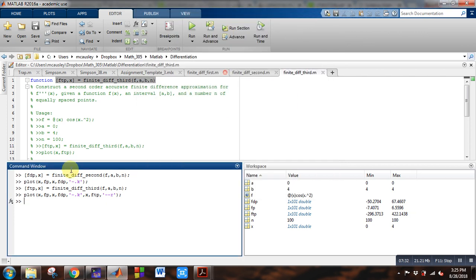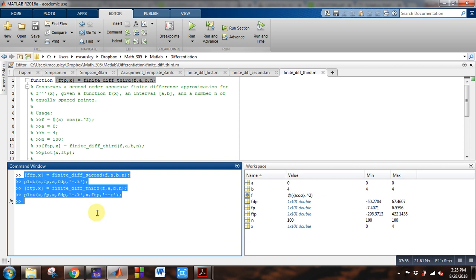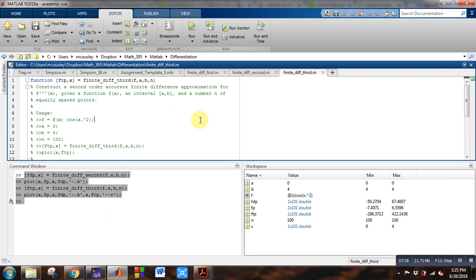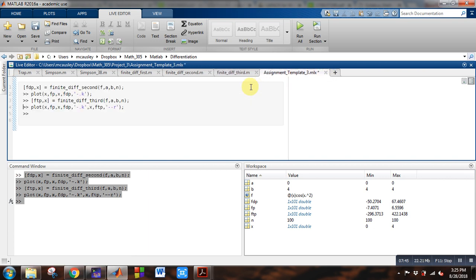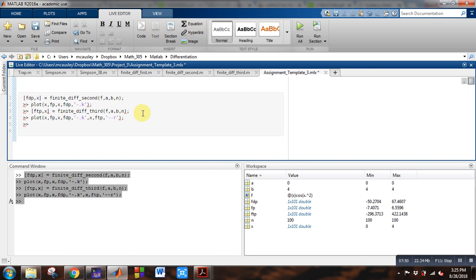And then the last thing I can do is start to copy over some of this history into my assignment template. I'm going to have to make some adjustments, but let's plot the finite difference approximations of f prime, f double prime, and f triple prime on the same axes.